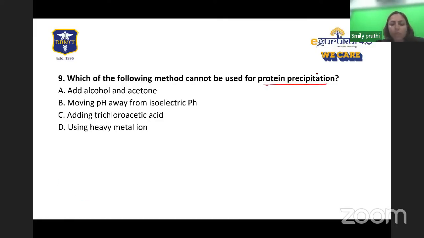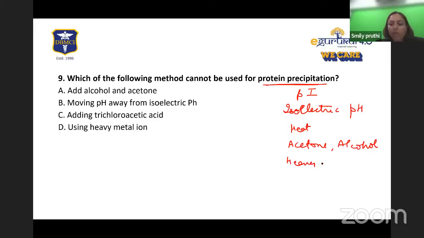Next, which of the following methods cannot be used for protein precipitation? Protein precipitation occurs at isoelectric pH, pI. And many agents like heat, acetone, alcohol, heavy metal ions, trichloroacetic acid are used.